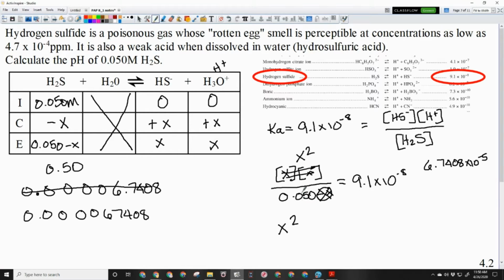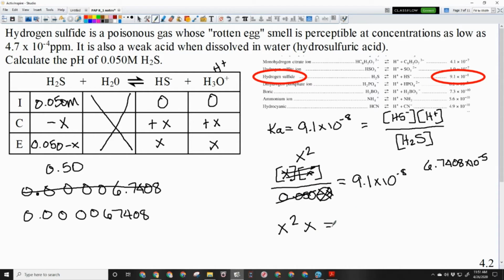Since we're dividing here, when we pull it across, we have to do the opposite function. So we multiply both sides by 0.050. Multiplying this side by 0.050 gets rid of it here, and so we multiply it here.